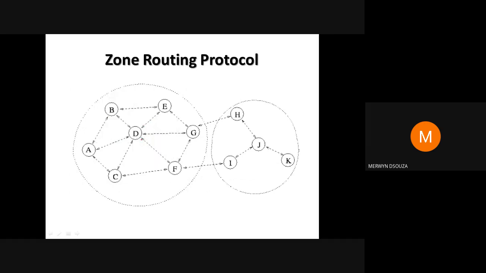It's not mentioned in your textbook how you create the zones, but I've just found this information on the internet and I'm sharing it with you. So for example, you take one node as the source node, and you decide the number of hops for the zone.